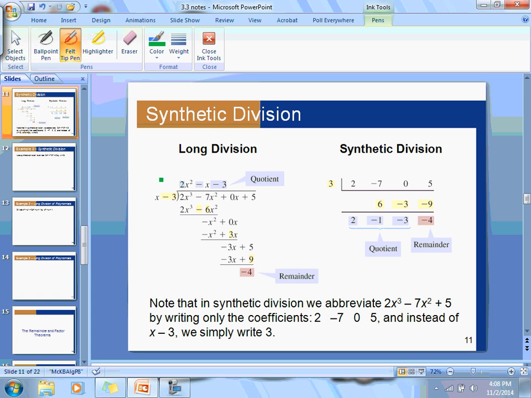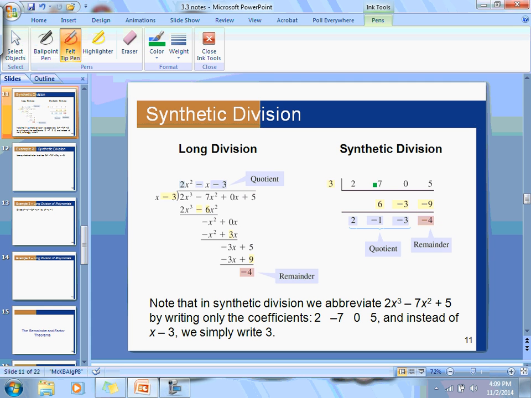Okay? So here's how we compare long division and synthetic division. So this is all the work that we'd have to do for our long division process if we were dividing 2x to the third minus 7x squared plus 5 by x minus 3. And we would go through each step just like we did on the previous page. With synthetic division, you're only using 3 lines.